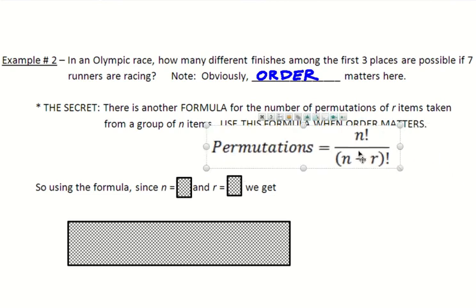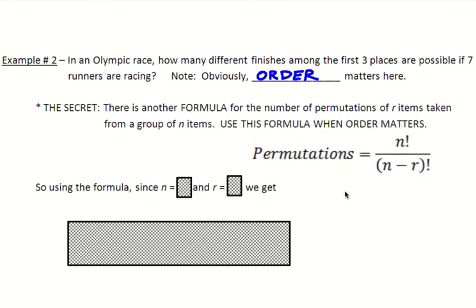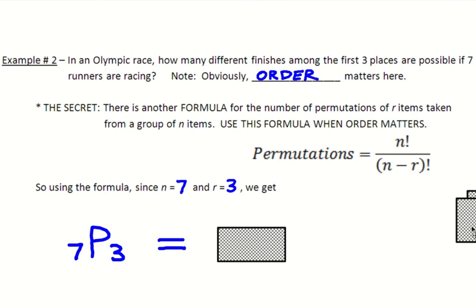And there's actually a formula for the number of permutations as well. And it's this. But this is also programmed into your calculator, and again, it's going to be NPR. So N is going to be 7, the entire group is N. The groups we're making is R, and so you say 7P3.